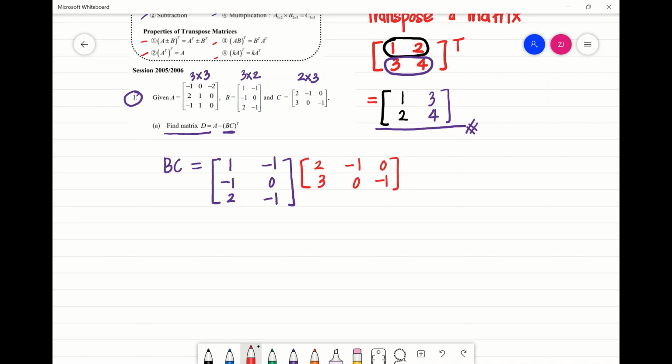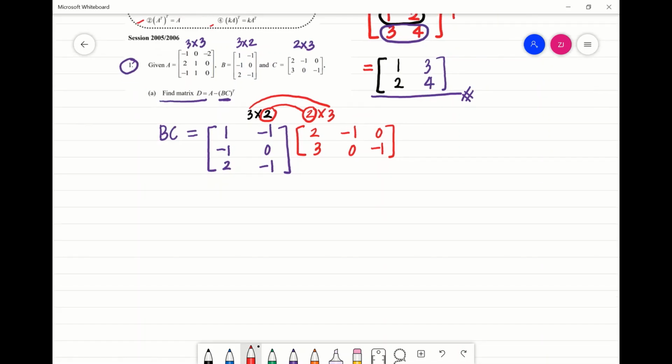Okay, so if we have this matrix multiplication, the order of B is 3 by 2 and the order of C is 2 by 3. Now since the number of columns for matrix B is equal to the number of rows in matrix C, that means the matrix multiplication is possible, and we expect the result to be a 3 by 3 matrix.